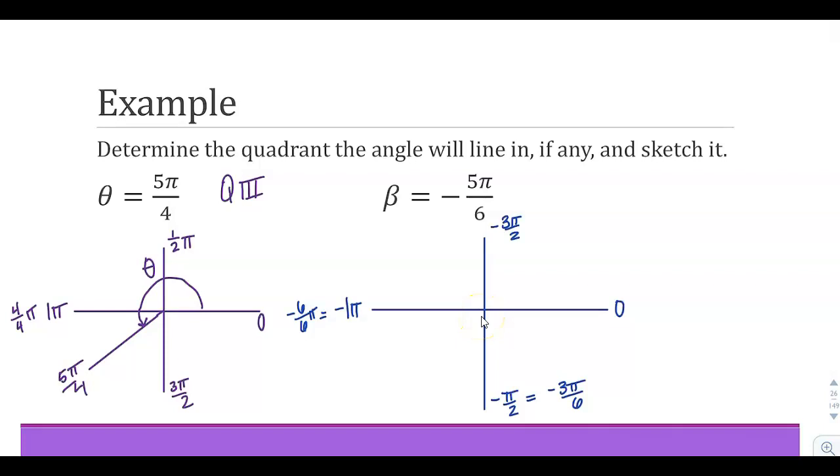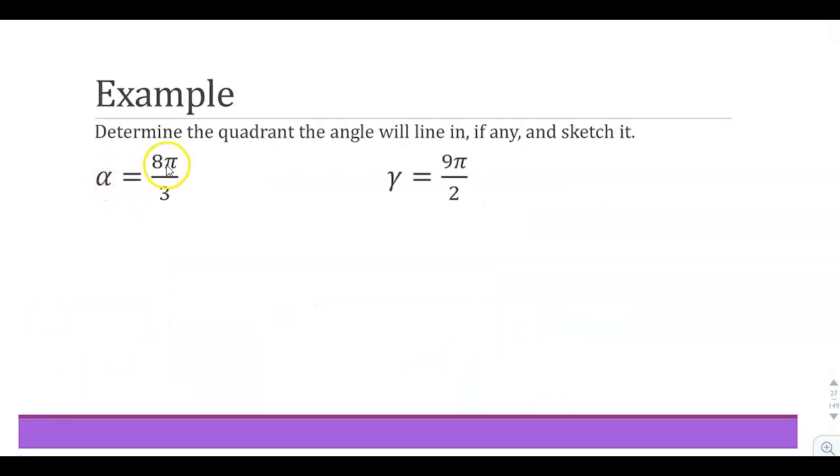So I'm going to break up quadrant 3 into 3 equal parts, because here I have negative 4 pi over 6, and then here I have negative 5 pi over 6. So I'm traveling in that direction to find the angle, and again, for angle beta, it's in quadrant 3.